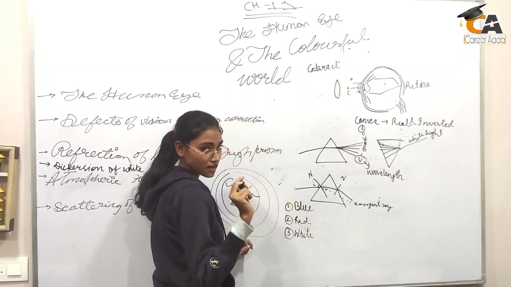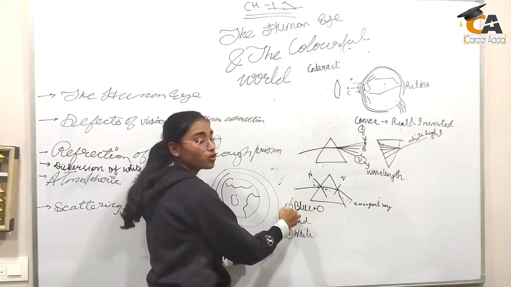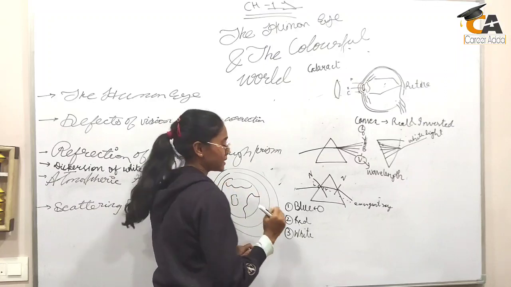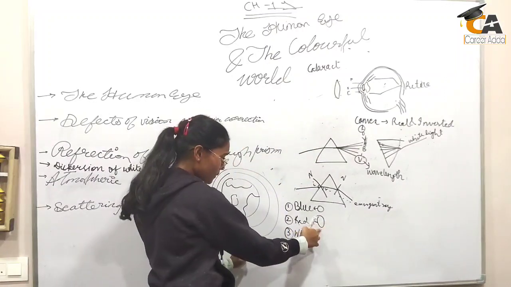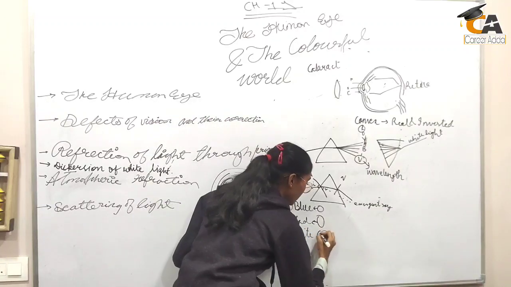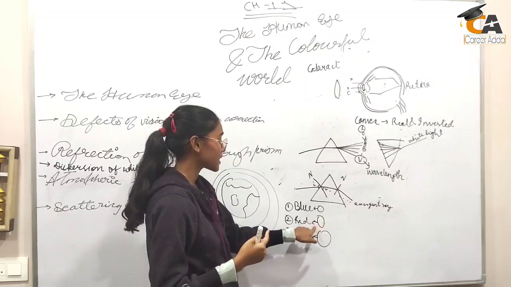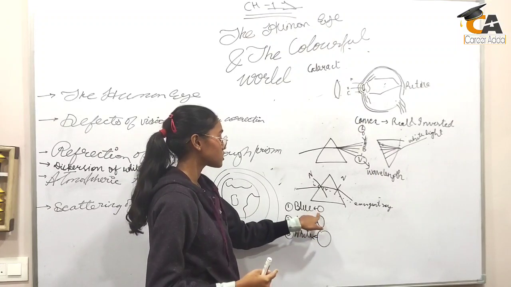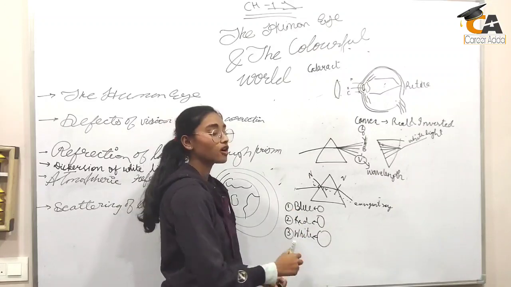The small droplets scatter the blue light the most, the middle ones scatter more of the red light, and the large droplets scatter most of the white light. So this was about wavelength and the scattering of light.